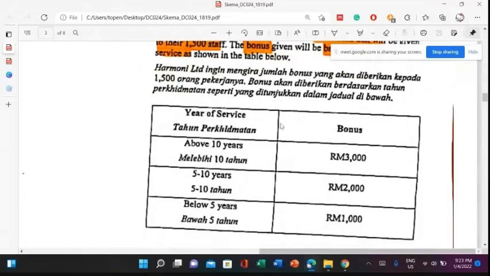You see here, we have 3 types of staff. The first type is their year of service is above 10 years. The second one is between 5 to 10 years. And the last one is below 5 years. So we know that this is selection in repetition control structures.